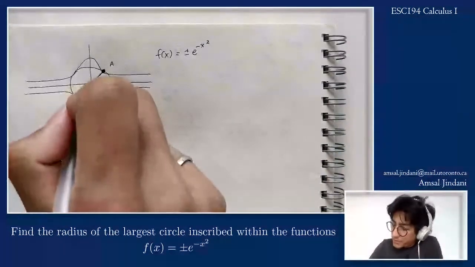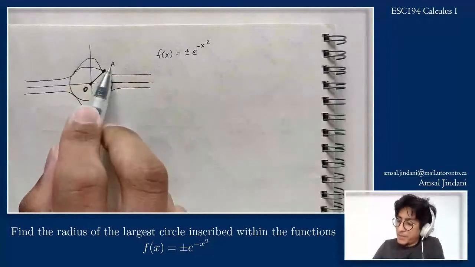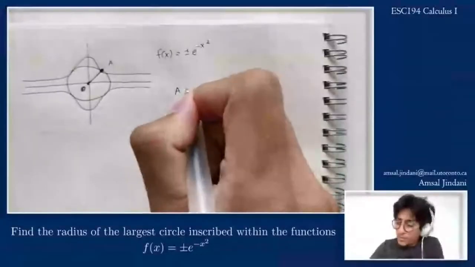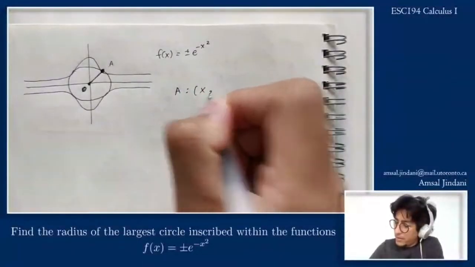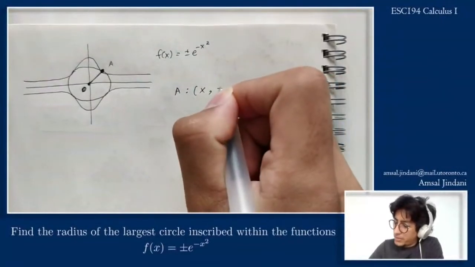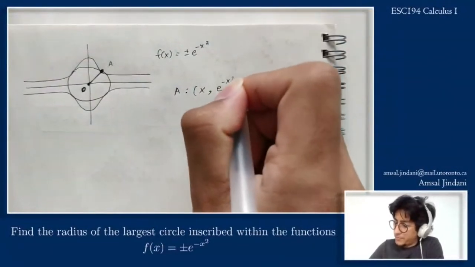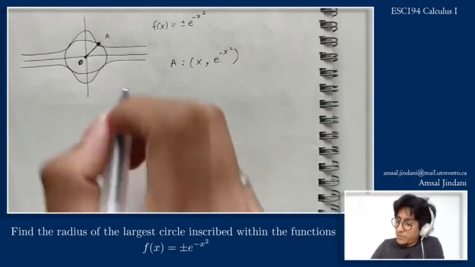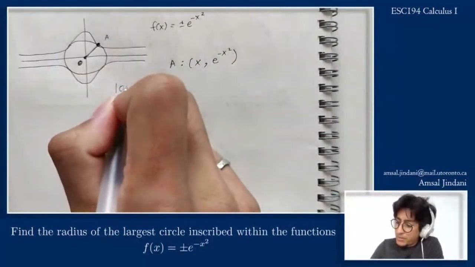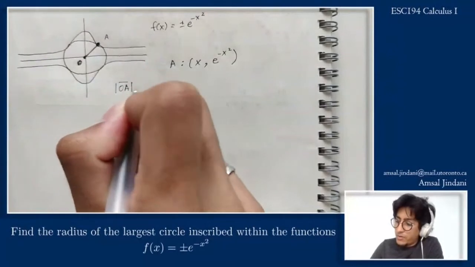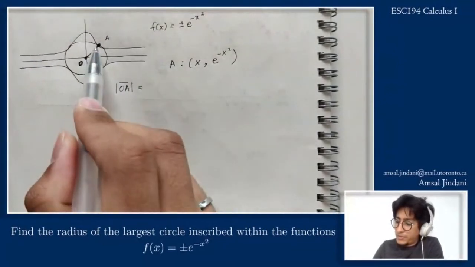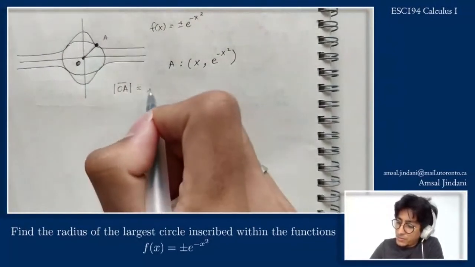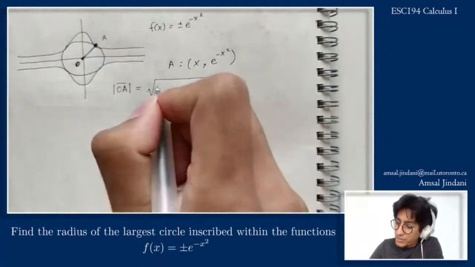So let's define a point A, with coordinates x, and its y coordinate is e to the minus x squared. What we're trying to do is minimize the distance OA, from the origin to A. You can just use the distance formula.